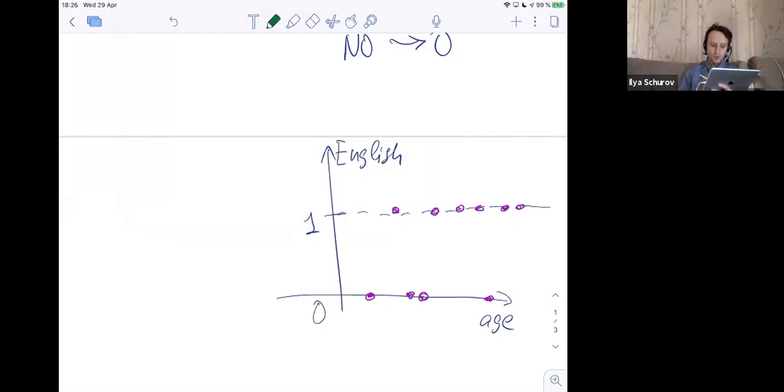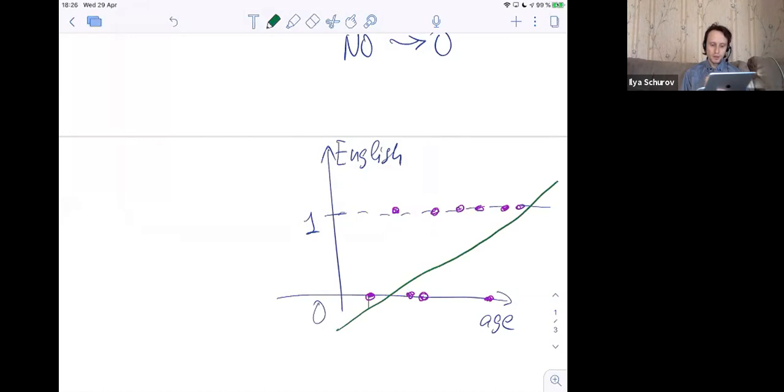So we can find some line. We can use ordinary least squares, so we can minimize these differences, squares of differences between this point and this line. And basically, yes, it is possible to do it.